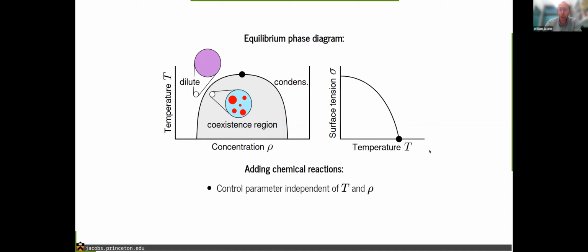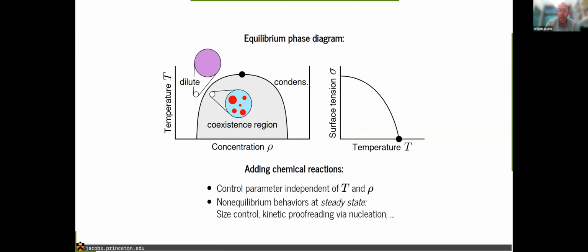Right. So what's useful about adding chemical reactions, most simply, is the fact that in a cell, you don't have huge control over temperature, and producing proteins or nucleic acids is a relatively slow process, right? So introducing these out of equilibrium reactions gives you a new independent control parameter for moving around in this phase diagram.